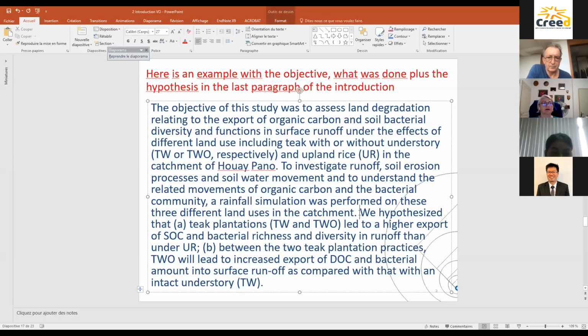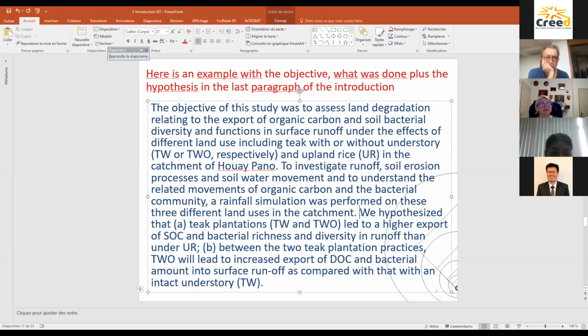And we have the hypothesis, and you will note there are two parts to the hypothesis. We hypothesize that A, teak plantations led to a higher export of SOC, soil organic carbon, and bacterial content, in runoff. And then that between the two teak plantation practices, one was less erosive than the other.